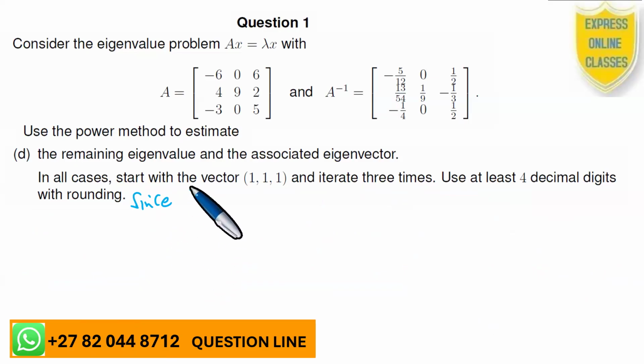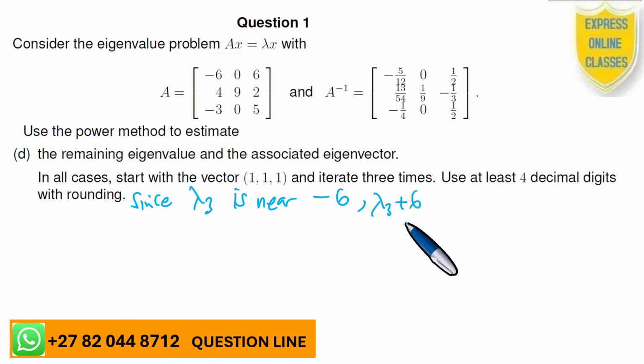So now, since lambda 3 is near minus 6, the center of disk 1, we're able to see that lambda 3 plus 6, which is the associated eigenvalue, will be small.